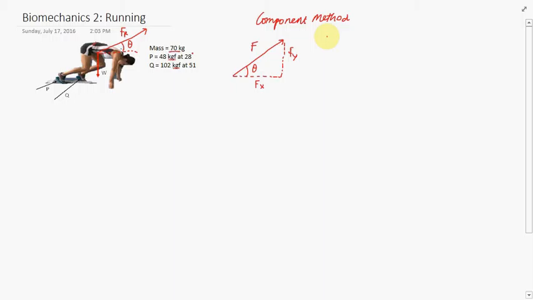How do I calculate Fx? Fx is calculated as the magnitude of F times the cosine of the angle, whereas Fy is equal to the magnitude of F times the sine of the angle.